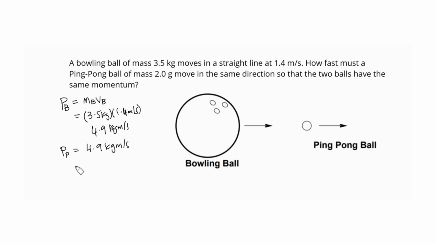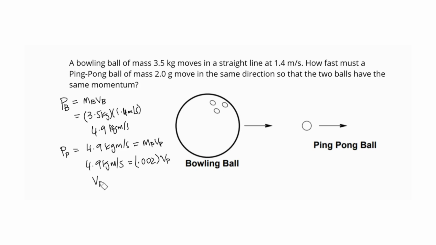So we say, okay, this must equal the mass of the ping pong ball times the velocity of the ping pong ball, which means that 4.9 kg·m/s must equal the mass of the ping pong ball. Since we're doing this in kg, we'll write it in kg as well, 0.002, times the velocity, which is what we're looking for.